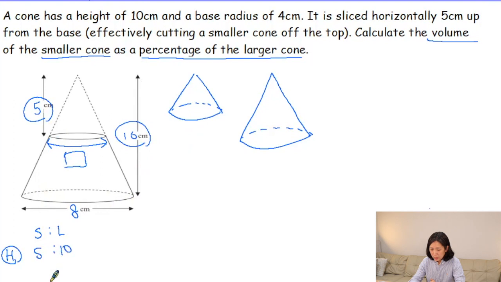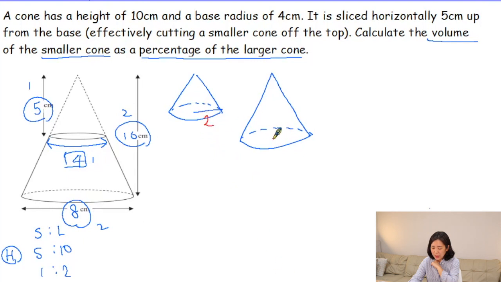Since we know that the height of the small cone is 5 and the big cone is 10, right? Then we know that the ratio between the small and big cone is 1 to 2. Since these are similar shapes, we can use this ratio for the radius as well.